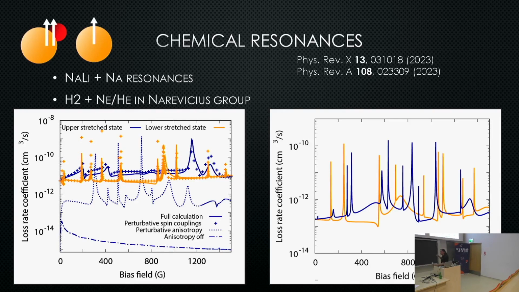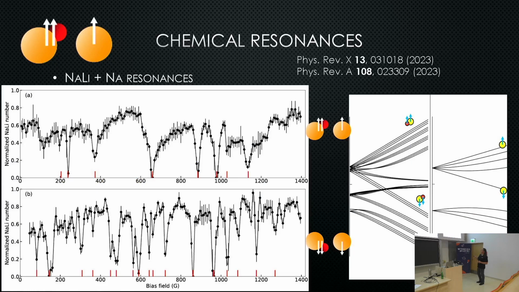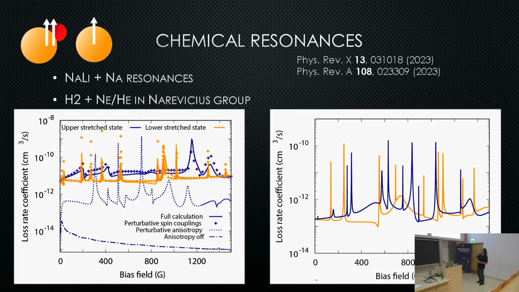So what we see here is comparisons of a bunch of different collision models. There's a full model, and the full model gives us a pretty good match to the density of resonances. We've got 8 up here, 17 down here, blue for the upper stretch state and orange for the lower stretch state, and the density is on the right scale. Now what Thijs did was turn pieces on and off in these calculations and see how the densities change.